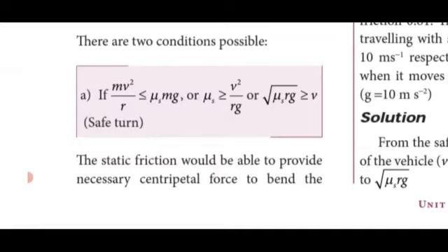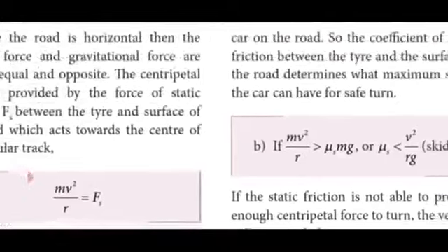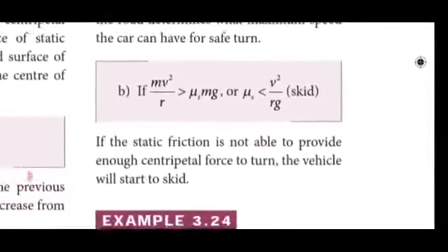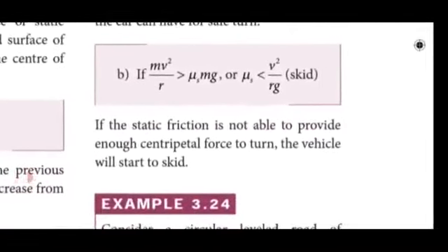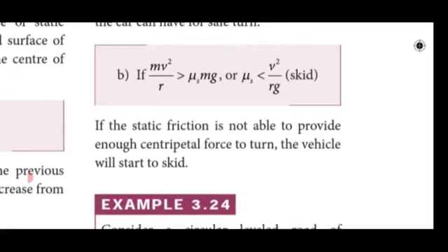So come to the second condition. What is given there? See here, if mv square by r is greater than mu s mg. Here also the same simplification, you will get mu s is lesser than v square by rg. Same thing. So if the static coefficient is less when compared to the speed, then the car starts to skid.